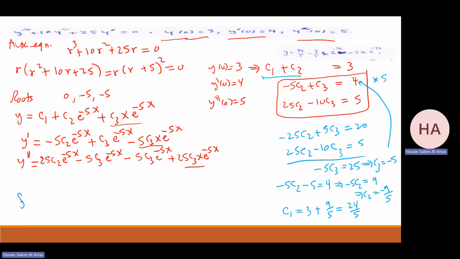So what will be my solution? Y equals C1 times the first solution, which is 24 over 5 times 1, C2, which is minus 9 over 5, times e to the minus 5x, C3, which is minus 5, times x e to the minus 5x, which is this one. Exactly.